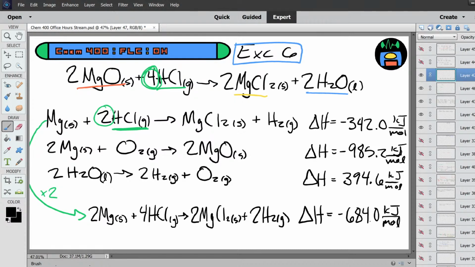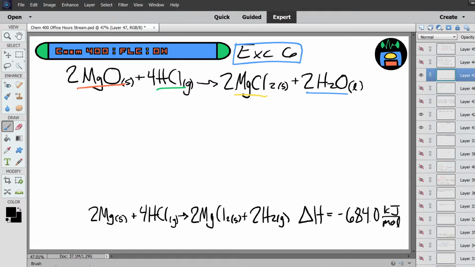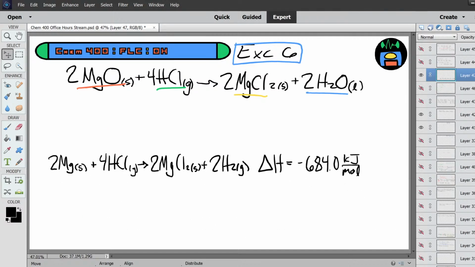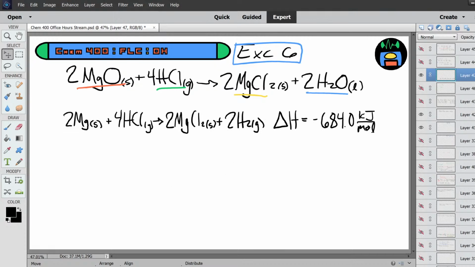All right. So we just manipulated that first reaction to get this new reaction. And we're going to take it and save it for later, because it is going to be one of the reactions that we add together at the end of this problem.